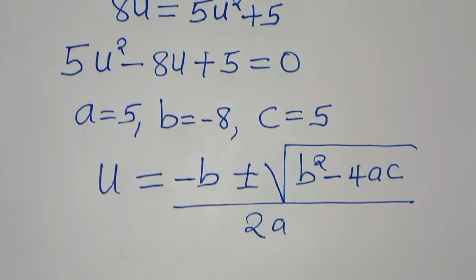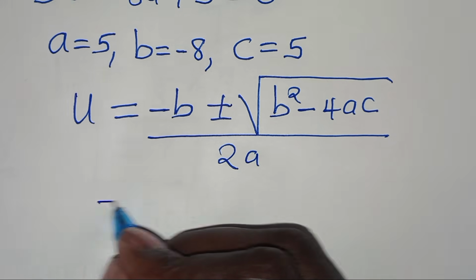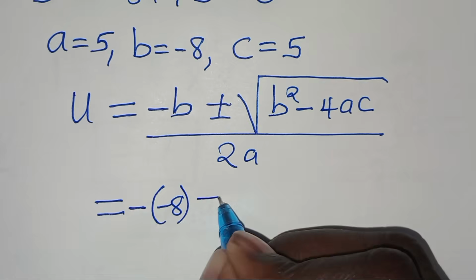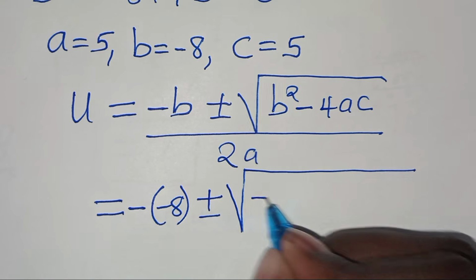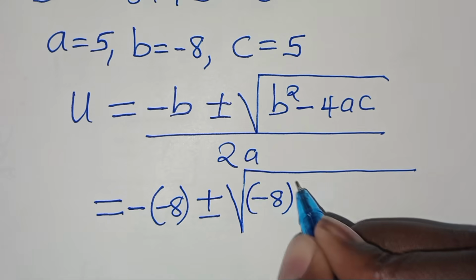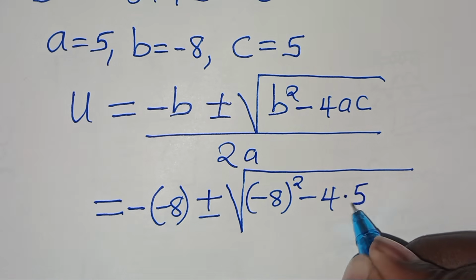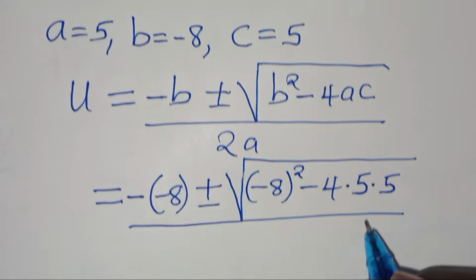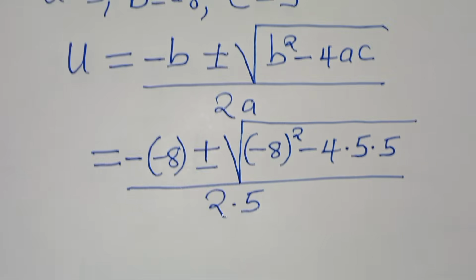Now let's substitute the values of a, b, and c into this formula, so that now we have negative times negative 8 plus or minus the square root of minus 8 raised to the power of 2 minus 4 times a, which is 5, times c, which is 5, everything divided by 2 multiplied by 5.